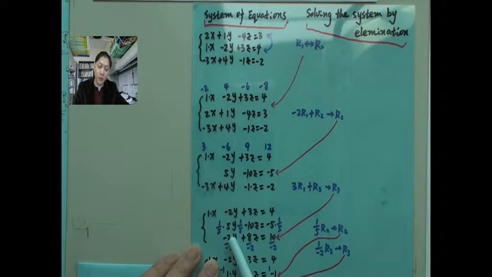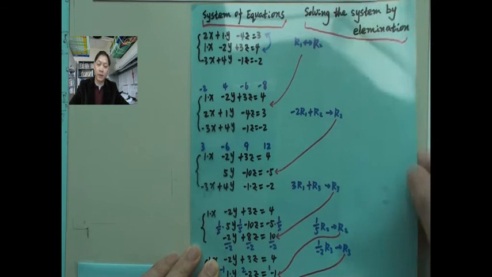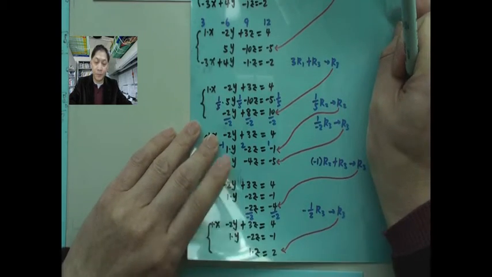So in order to make the coefficient of y be 1, every term divided by 5. That means row 2 divided by 5 makes a new row 2. Okay? So look at here.